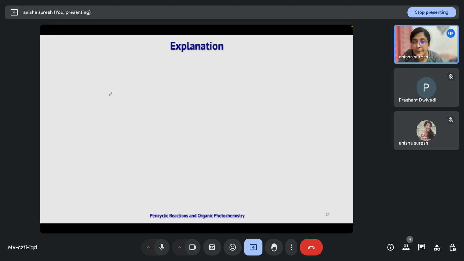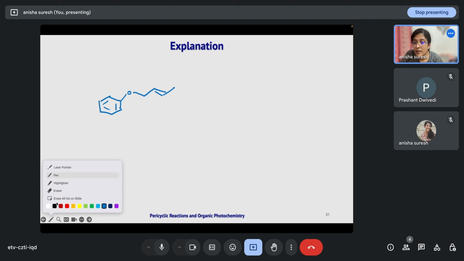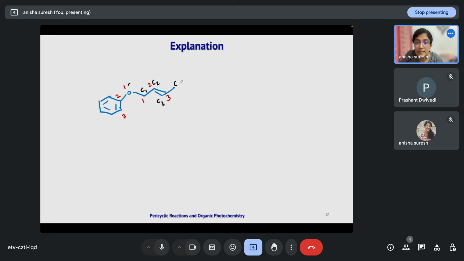We will see the mechanism. So here a benzene ring is there and it is connected to O CH2 double bond CH3. 3, 2, 1, 1, 2, 3. And if we give the carbon numbers, this is C1, C2, C3, C4.